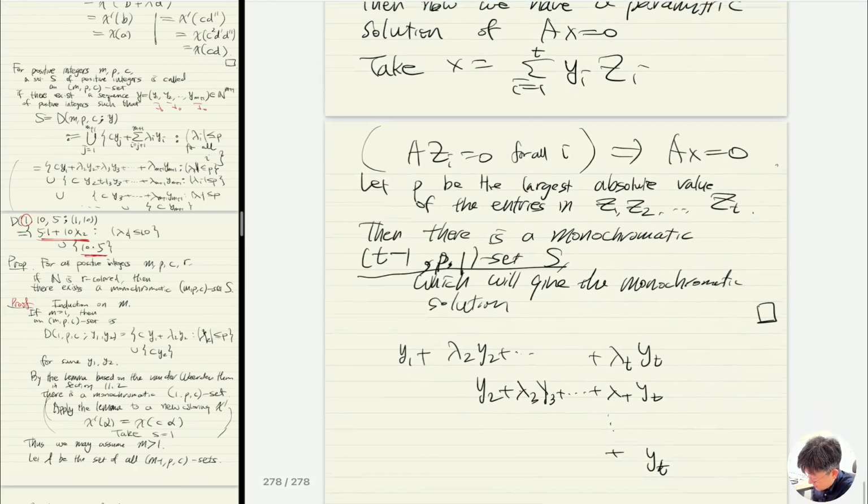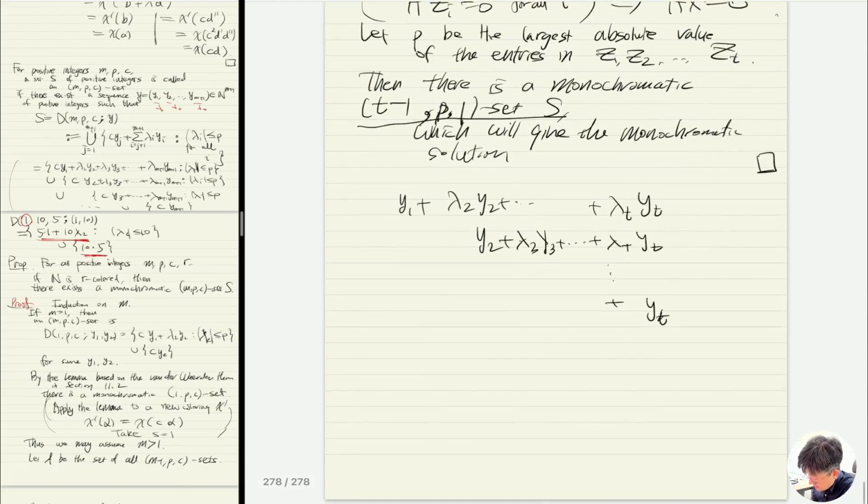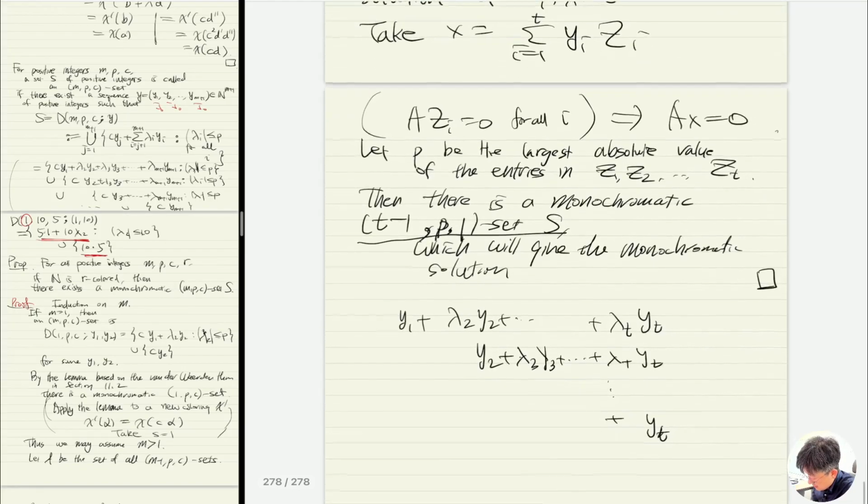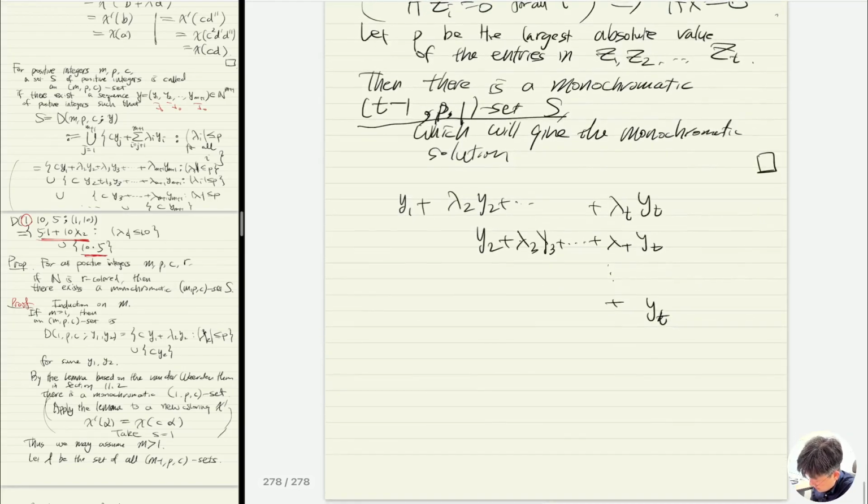Well, the thing is, let's look at Gi. So G1 is something like 1 1 1 0 0 0 0, right?